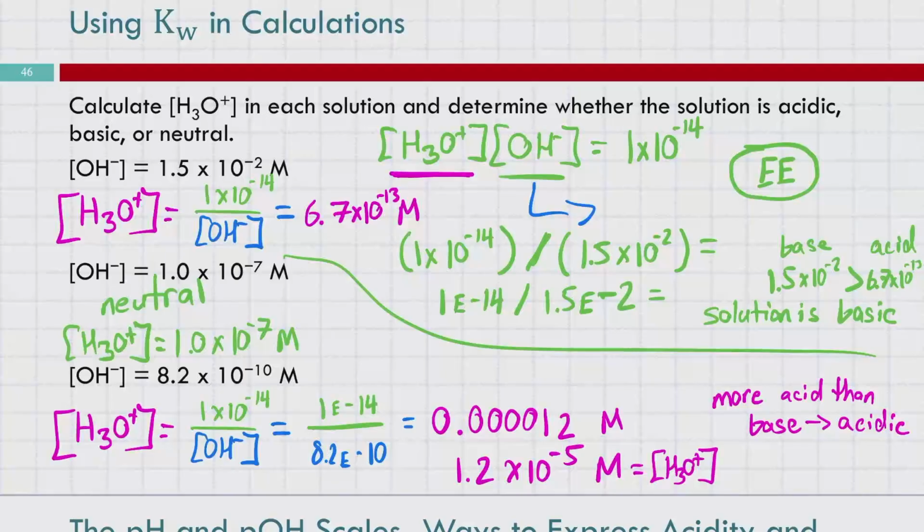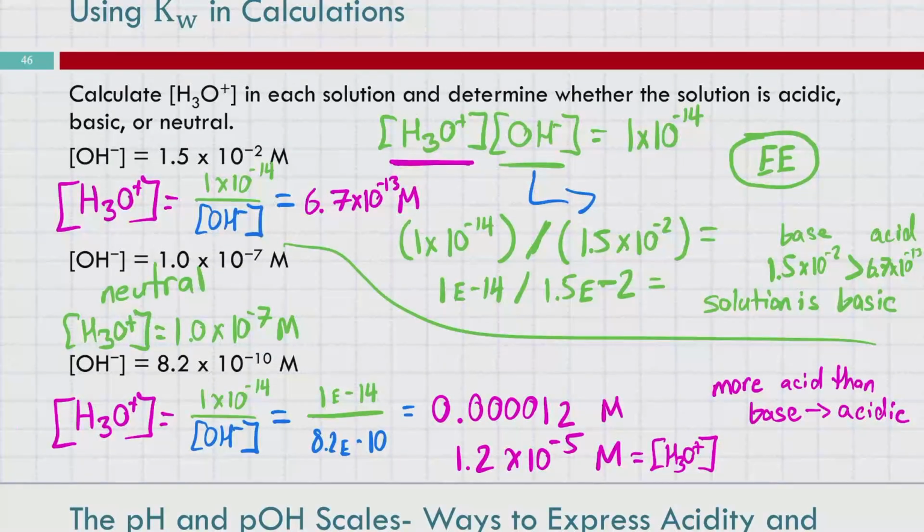The way that we can check with these, a rough check to see if things worked out: our H3O plus concentration times our OH minus concentration will equal 1 times 10 to the minus 14. So you could plug them in, multiply them together. You should get something that's close to 1 times 10 to the minus 14.